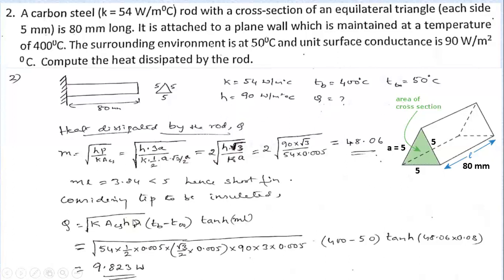It's all given here. Perimeter, 3 times a is the perimeter, multiply by TB minus T infinity. Base temperature is 400 degrees centigrade, minus T infinity, atmospheric temperature, given as 50 degrees, multiplied by tanh of mL. So if we simplify this expression, you will get the value of Q as 9.823 watts.